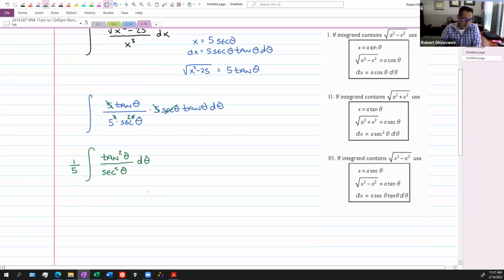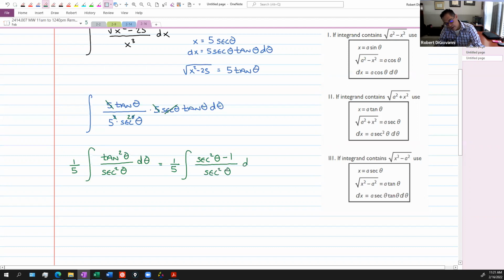And for this one, I could do what I just did if I wanted to. I could turn this into sines and cosines. There's so many different ways I could go about this algebraically, but kind of going off of what we just did on the previous one, I could just turn the top into secant squared theta minus 1 over secant squared theta.